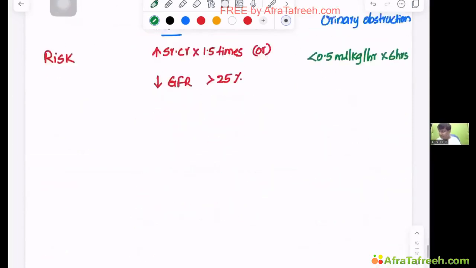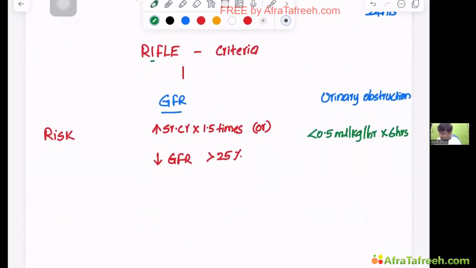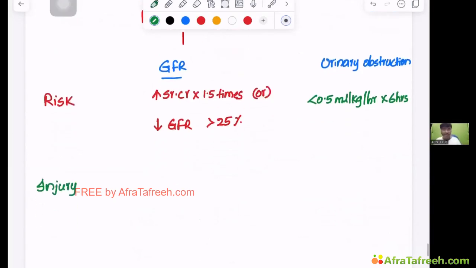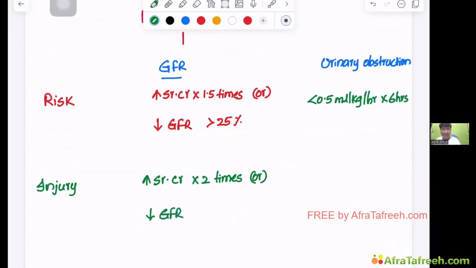But what do you mean by this letter I? The letter I is injury, right? So when you call it injury, there should be an increase in serum creatinine. How many times? That is almost like 2 times, right? Or there should also be a decrease in the glomerular filtration rate.